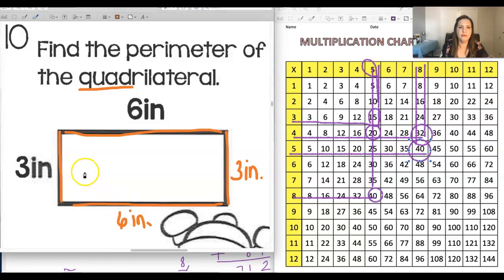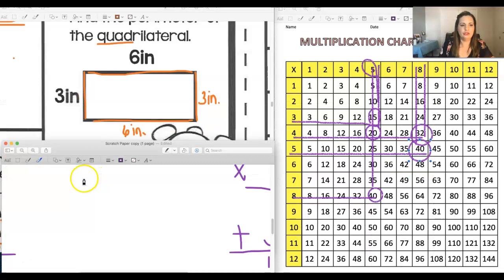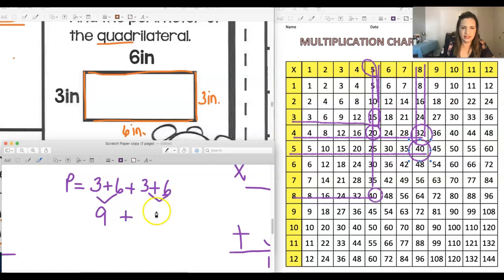Then to find the perimeter, I'm going to simply add them up. So I'm going to go to my scratch paper and I'm going to say the perimeter equals 3 plus 6 plus 3 plus 6. I can see that 3 plus 6 equals 9. And 3 plus 6 here again equals 9.